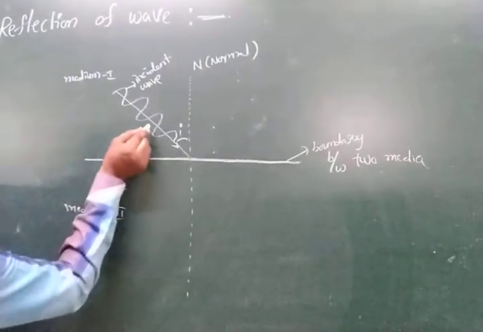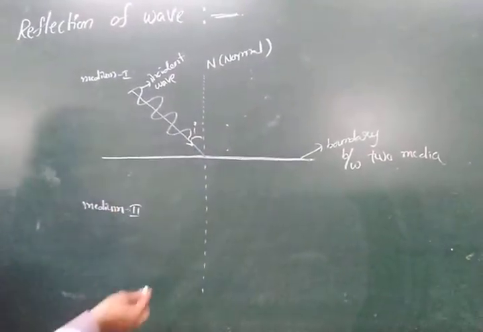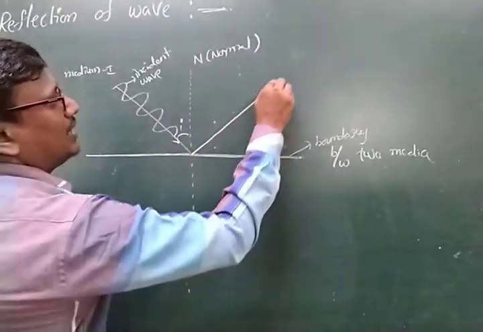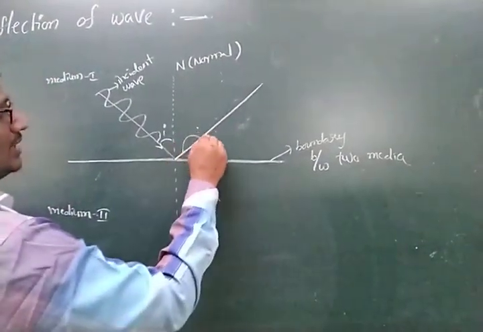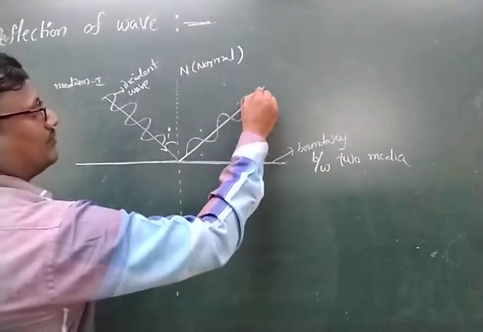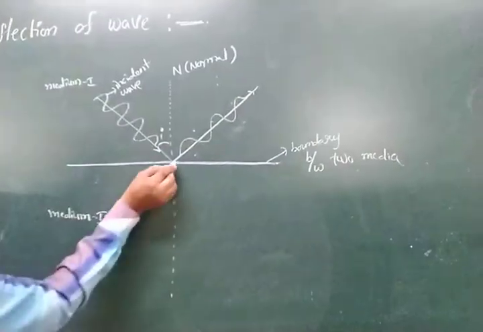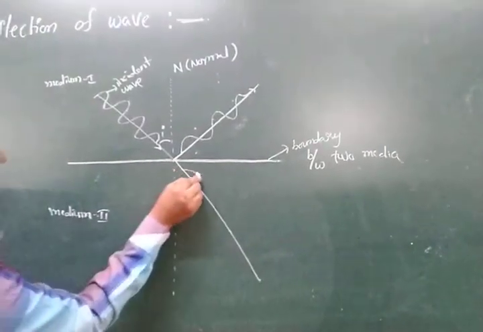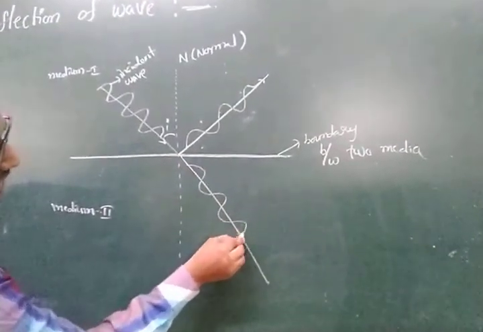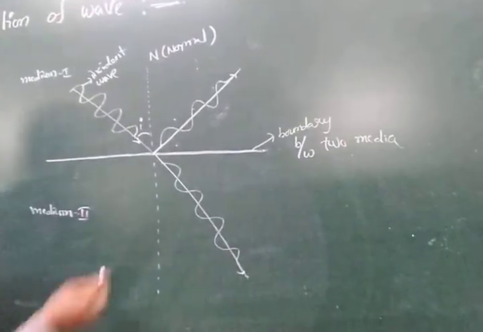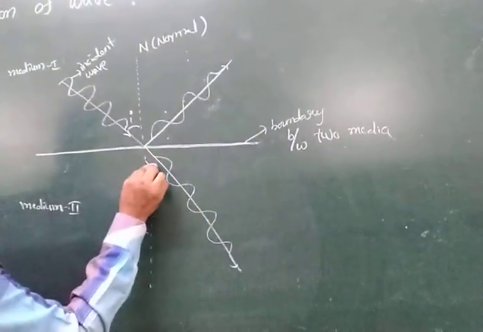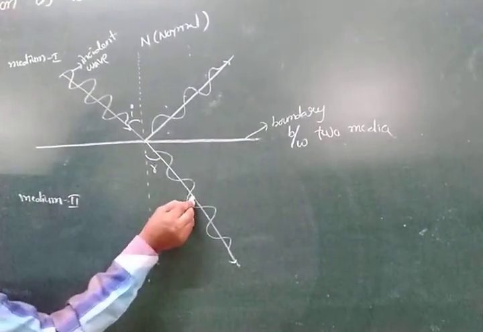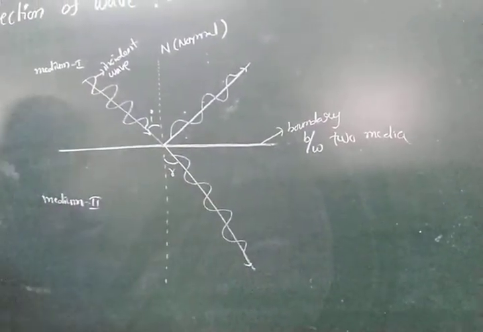Here some part of the wave is returned back into the same medium, and partially some of the wave is refracted, that is, it enters into the other medium. The angle between the normal and the refracted ray, denoted by r, is called the angle of refraction.